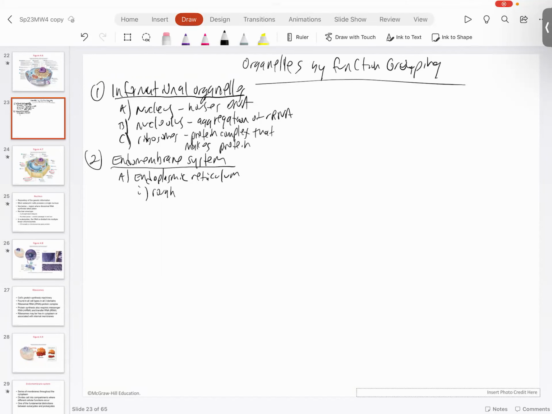There's rough ER, which basically is involved in protein synthesis. And there's smooth ER, which is involved in calcium storage. We'll talk more about this later when we get to that. It's also involved in lipid synthesis and in detoxification.